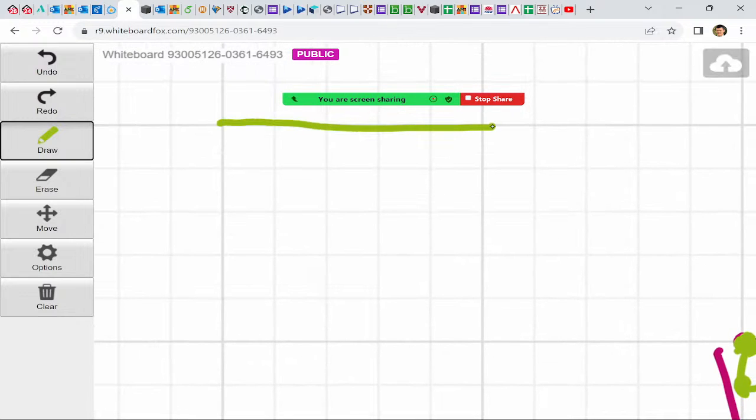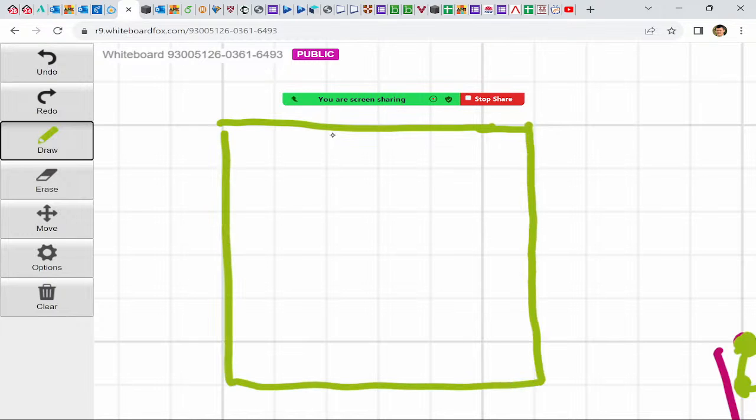for example, if it's 6 by 6, like this, the answer is a little bit different.